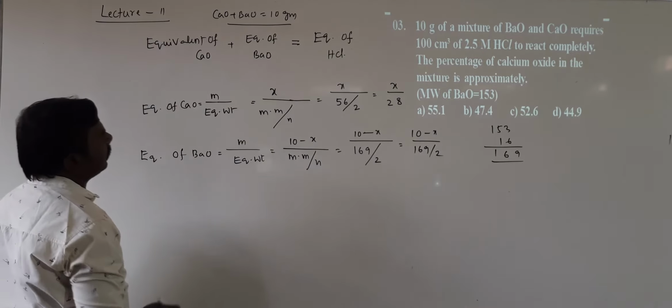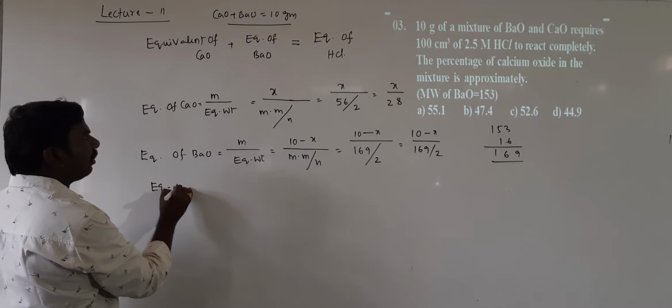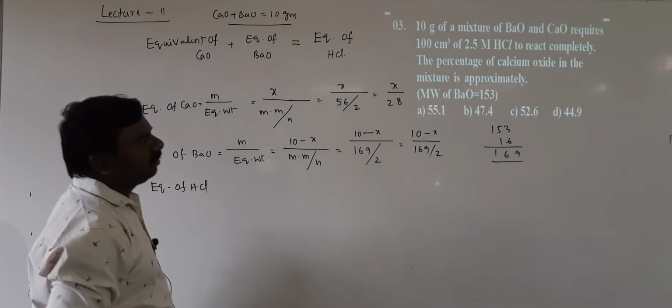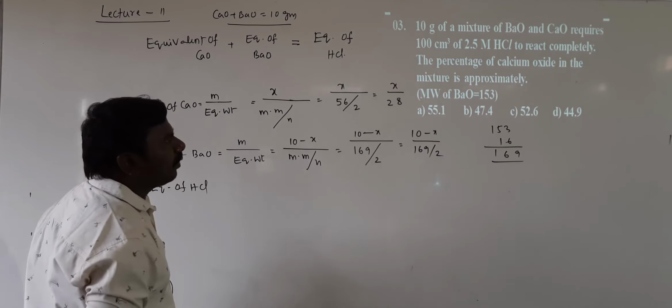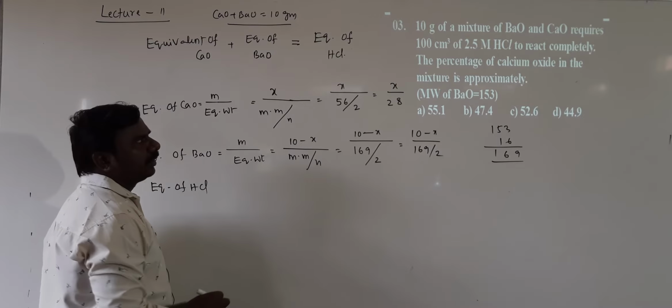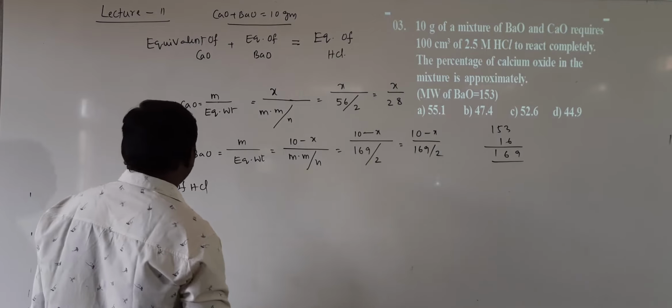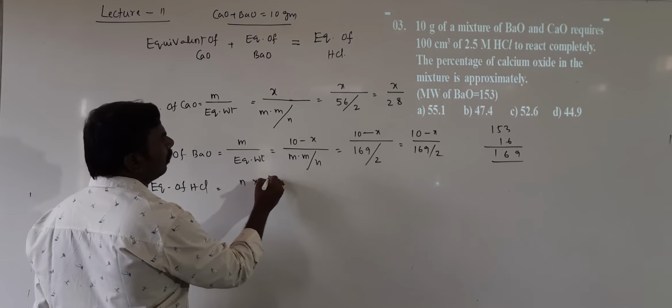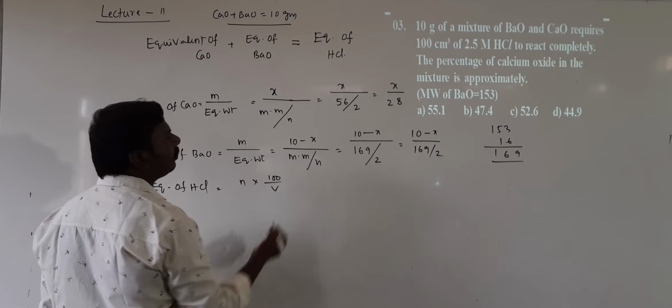Now equalize this. Equivalence of HCl: molarity is given, 2.5 molar, 100 centimeter cube. So you have to calculate equivalence, that is equal to N into 1000 by volume.